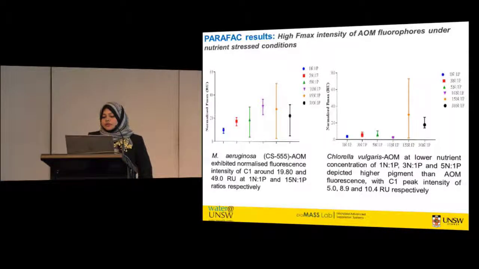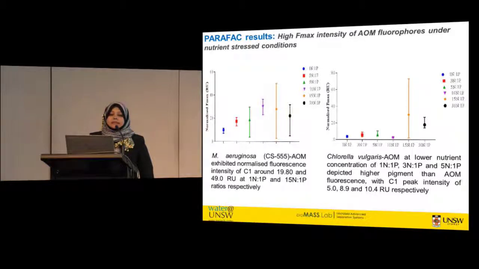As far as for Chlorella, we observed that from 1 to 10, there was a lower AOM fluorescence as compared to the pigment fluorescence. Along with this, we also saw that peak B, the tyrosine-like fluorescence, was observed only at the lower nutrient concentrations. It was not observed at higher nutrient concentrations.